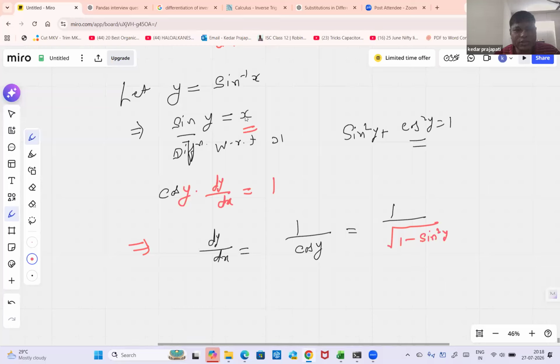And it means what? From here, sine y is how much? x, right? So put the value of sine y here. Sine y is x, so sine square y will be x square, right? We got it, right?